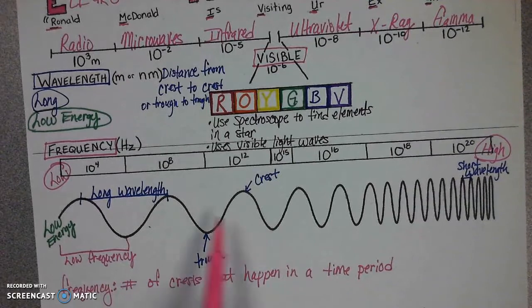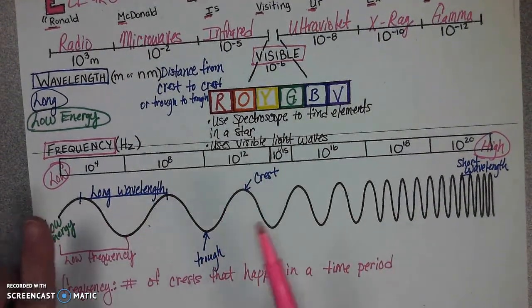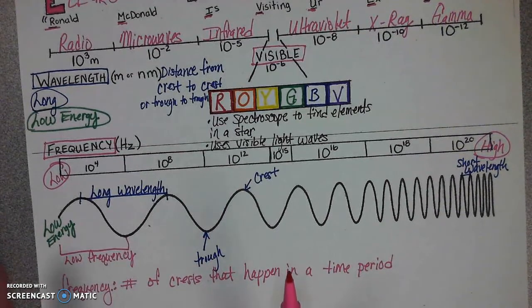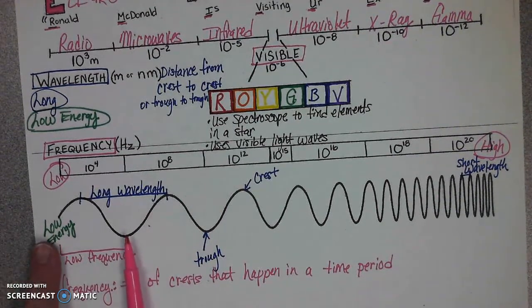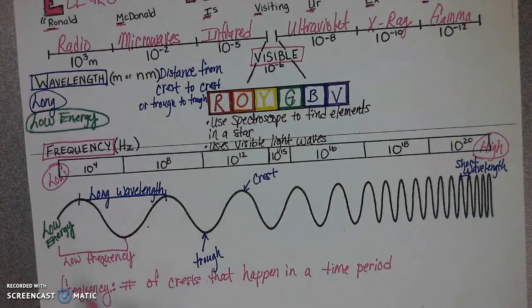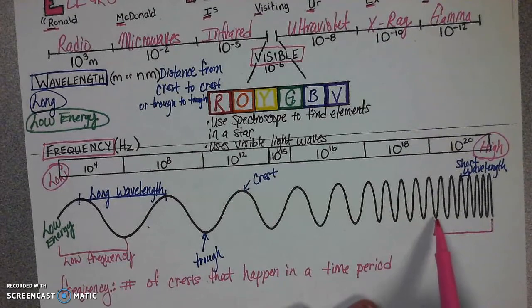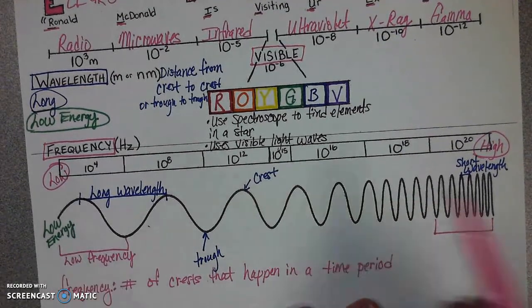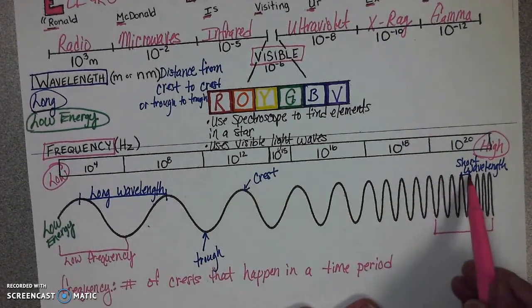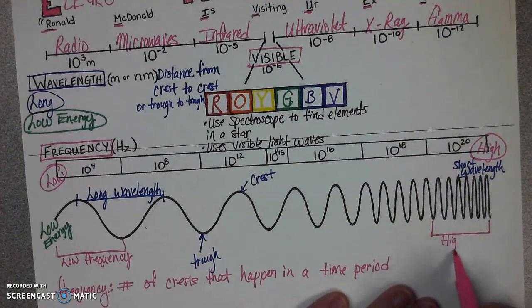Okay, so we have a crest here, and a crest here, and a crest here. If we were to take about this much of a section, we're really only getting in one crest here. But if I were to take about that same section over here, notice how many more I have. There's one there, and there's 1, 2, 3, 4, 5, 6, like 7 of them over here. So this is definitely a higher frequency.